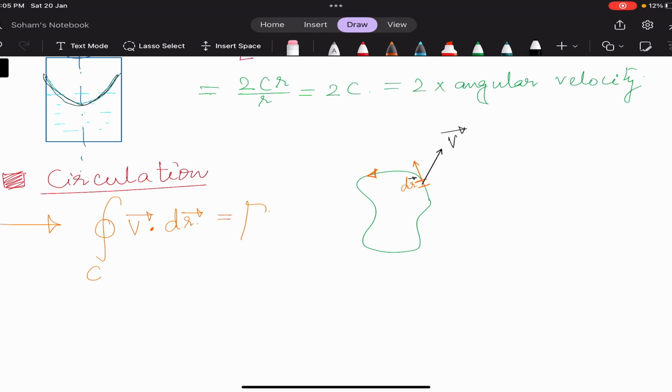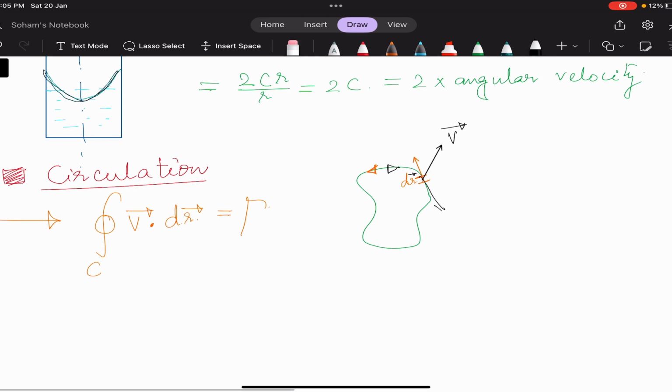Now you have to choose a traversing direction. The magnitude of circulation is what we are concerned about, and not the direction. So if you travel in this direction, then this v dot dr will be negative, because the direction of dr will be on this side, right?